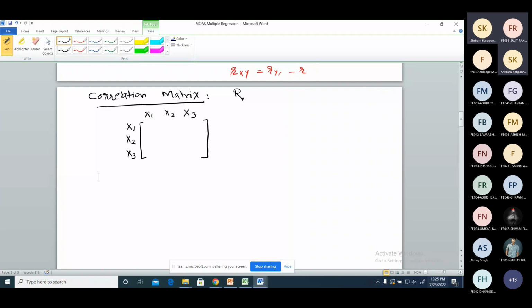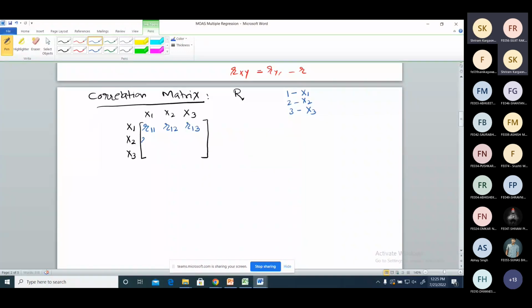How many correlations are possible? Total 9. First of all, understand that 1 represents X1, 2 represents X2, 3 represents X3. Unless told otherwise, you have to take this. Now R12 means correlation between X1 and X2.